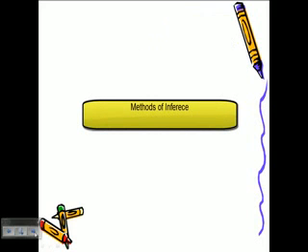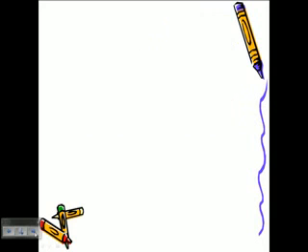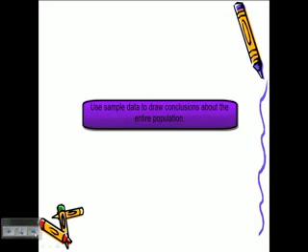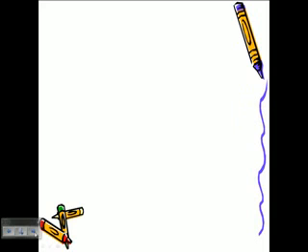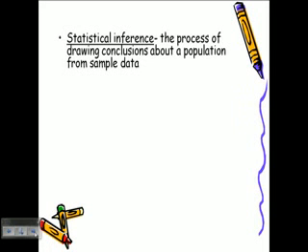Very often it is impossible to know information about an entire population, so we must take what we know about a small group from the population and use that to draw conclusions about the population from which they come. That is the process called statistical inference, where we draw conclusions about a population from sample data.